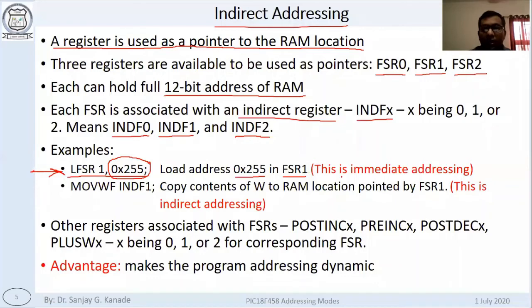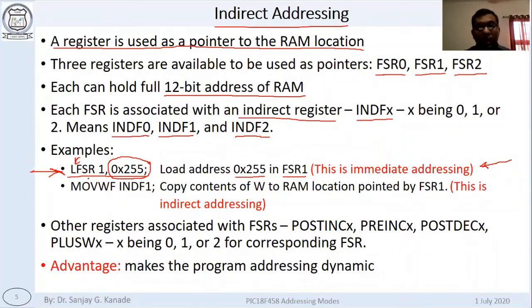Remember, this particular instruction is not indirect addressing. It is actually immediate addressing, because the value itself is getting loaded in FSR1. The value is given directly in the instruction, right? You can also see it by the letter L.